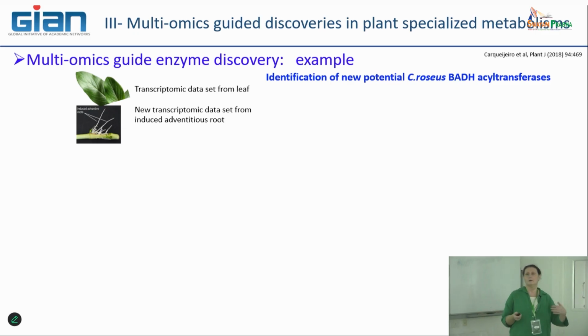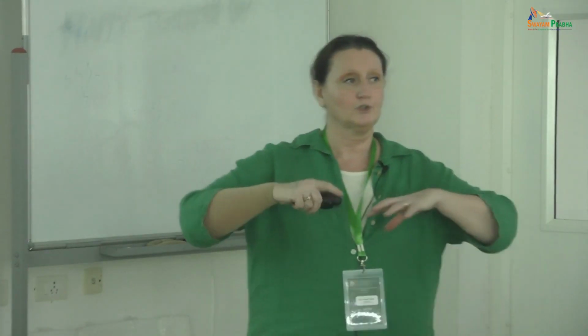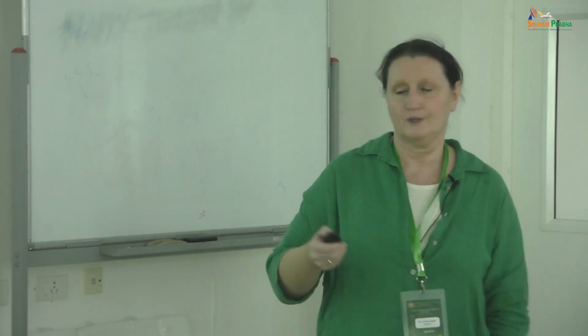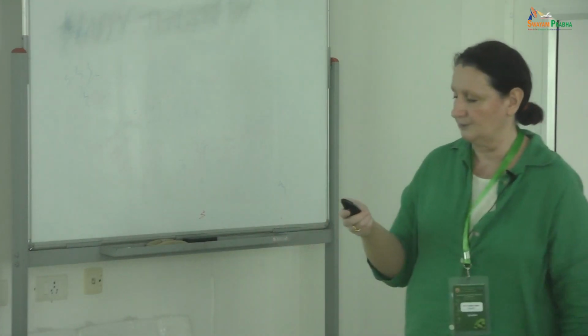It could be natural roots, hairy roots, or here also adventitious roots. That means we wanted to combine several transcriptomic datasets in order to have a bigger representation of transcripts, not just a small snapshot of the transcriptome in one condition.